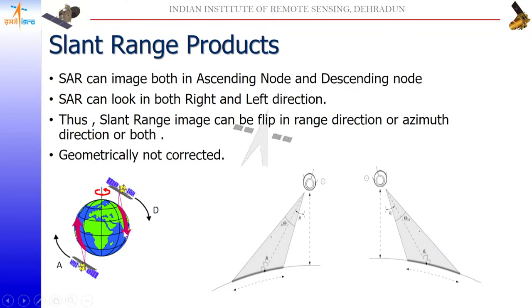But in SAR we can acquire the data in the ascending pass and the descending pass, because it is not dependent on the sun. In the descending pass it is daytime, so we can acquire data in the daytime, and in the ascending pass it is night time, and SAR can image at night also, so we can have both ascending and descending data.